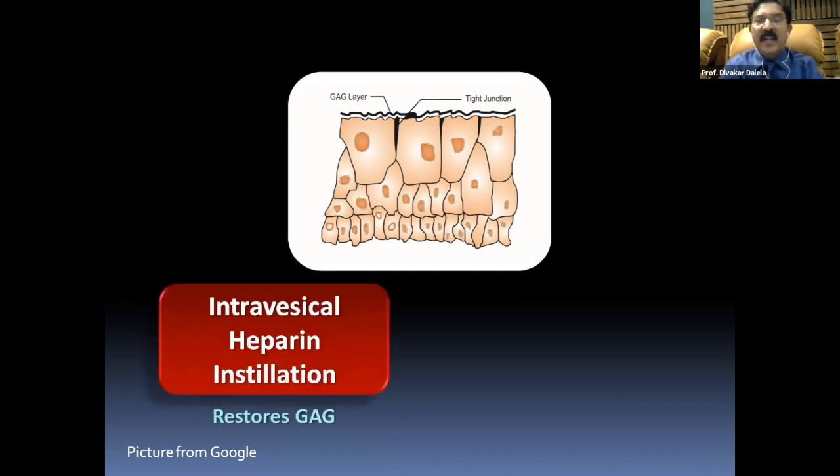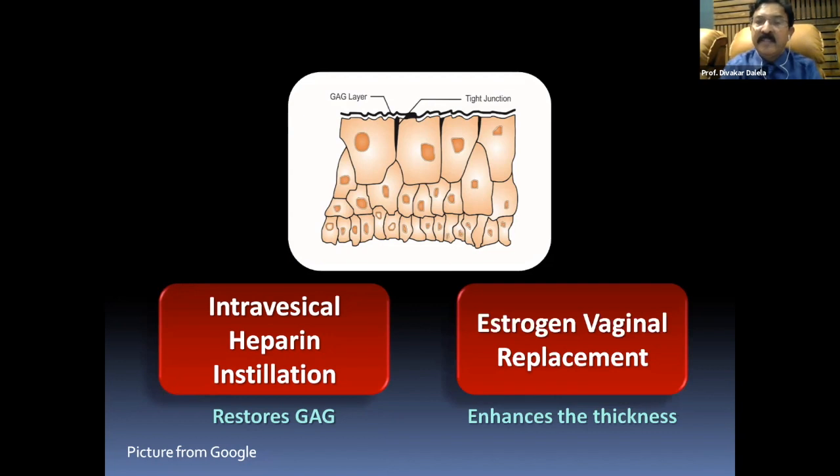So we can, as physicians, improve the strength of the GAG layer. We are trying to put inside the bladder heparin solution, which will restore the GAG layer. And whenever we give females, the postmenopausal ladies, estrogen to be applied inside the vaginal lumen, this estrogen enhances the GAG layer.